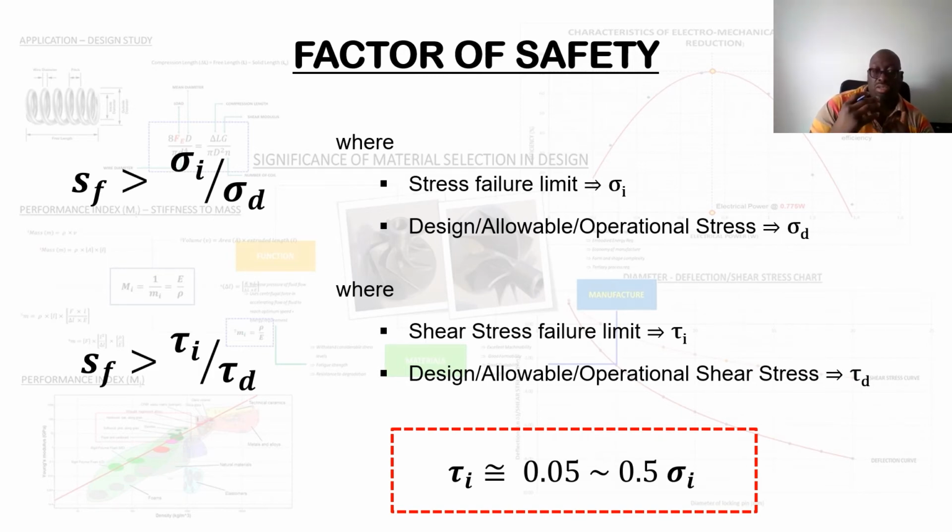The more brittle the material, the smaller the ratio is likely to be. And the more ductile the material, the larger this value is likely to be. But again, it all comes down to your knowledge of the material that you're actually considering in the design and development of a given component.